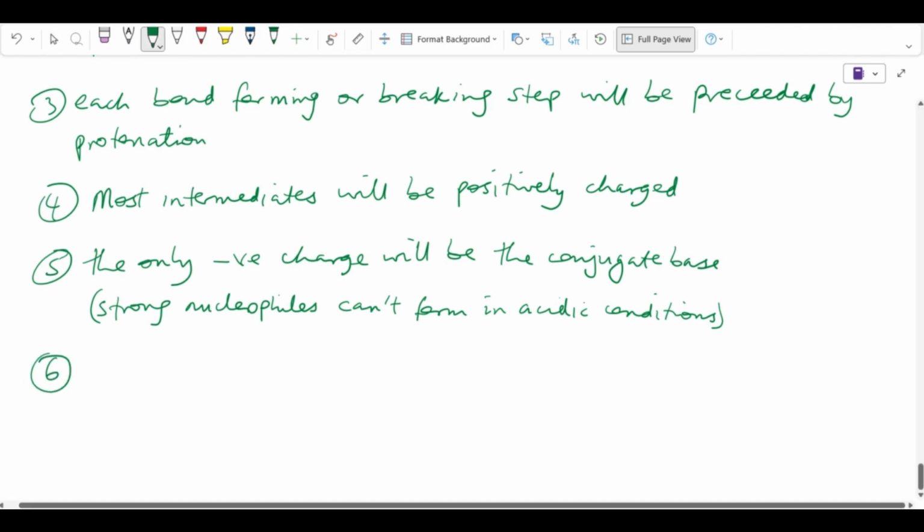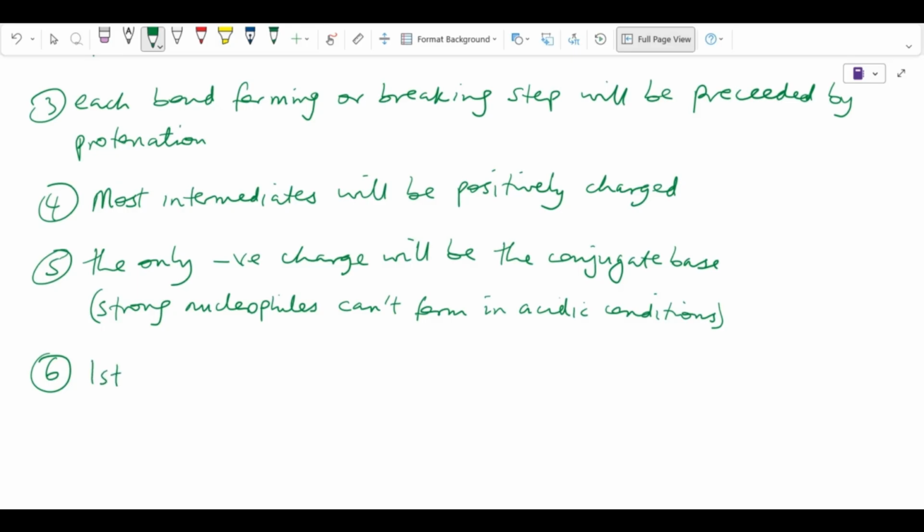Lastly, the last thing to note when drawing mechanisms under acidic condition is that in the first step, you will use the catalyst. And then in the last step, you would reform the catalyst. In other words, your first step has to be protonation, and then your last step shall be deprotonation.